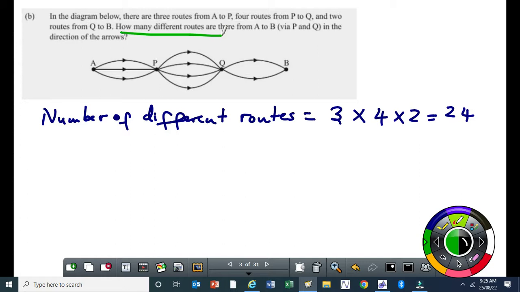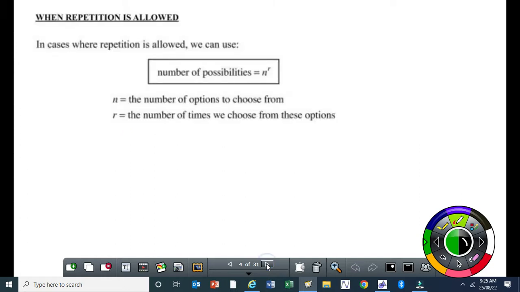Right. Now, this is more like the easiest part. Now, I'm going to get a little bit more complex. So let's introduce the cases where there are some restrictions that are very clear. The first case is when repetition is allowed.